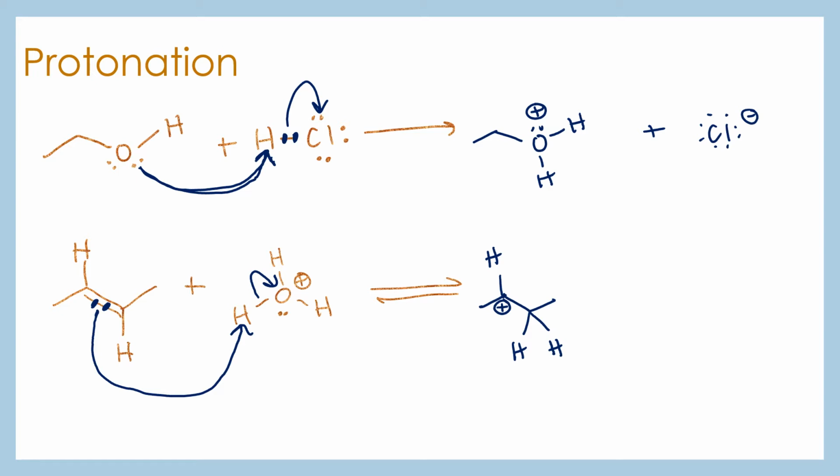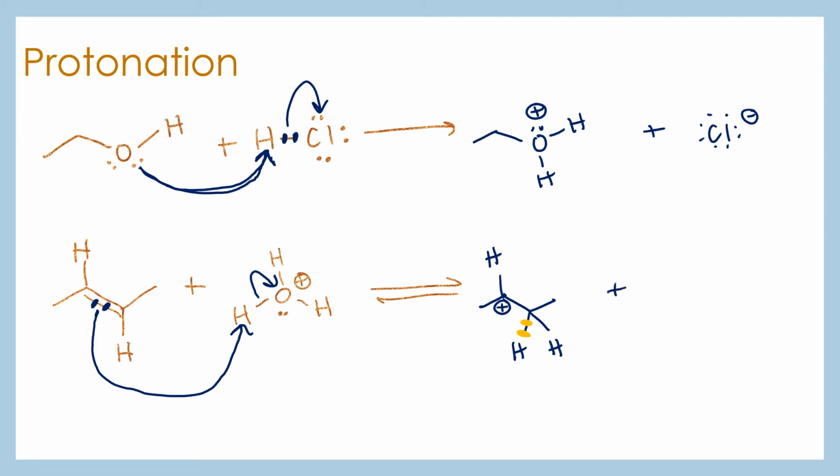And I want to explain why for a second. We took the electrons that were creating a double bond between these 2 carbons, and we used them to make a new bond between carbon and a hydrogen. So those electrons are still attached to this carbon, and the other carbon is now missing electrons, which is why it now has a positive charge.